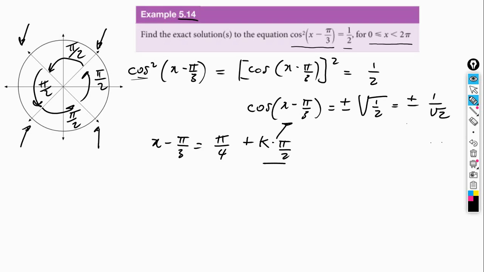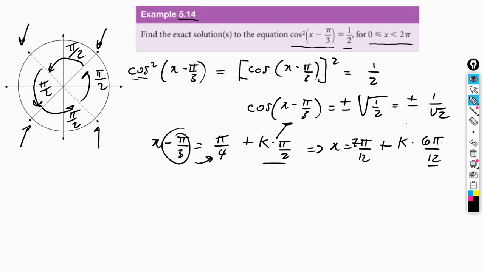So we could rewrite this as x equals pi fourths plus pi thirds, which is 7 pi over 12, plus k times something in the form of 6 pi over 12. Notice that this is the same as saying pi halves, but I want to have the same denominator in order to be able to add them easily.